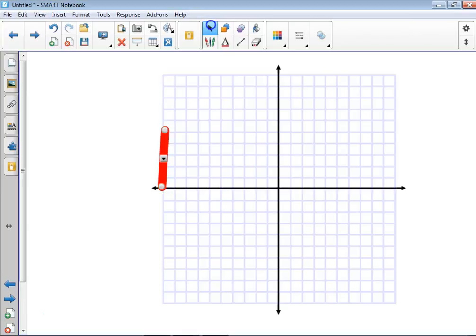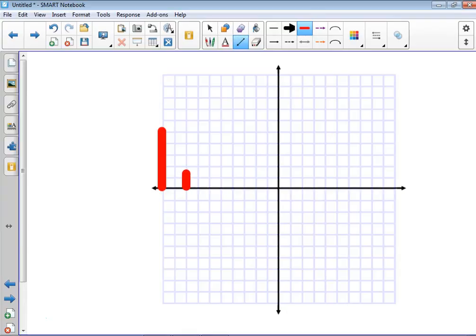So this represents a length of about 5.4. The next one is going to represent a length of about 1.7. You'll note that's the size of our two magnitudes. Now, roughly speaking, that'll work.